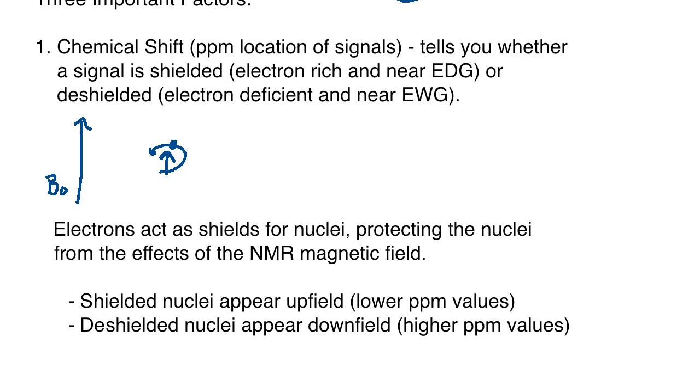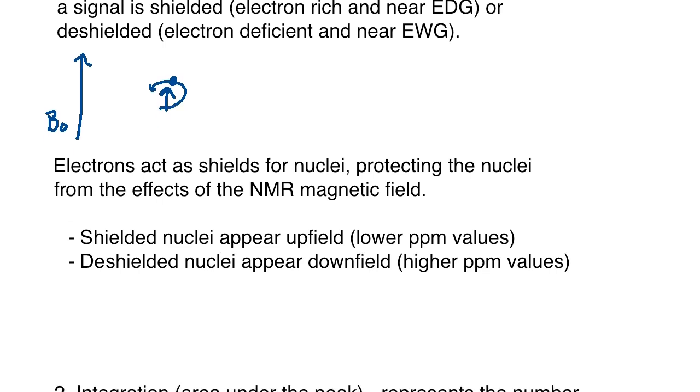All right. So electrons, as we just mentioned, act as shields for nuclei, protecting them from the NMR magnetic field. Shielded nuclei will appear upfield is the term that's used. Those are lower ppm values. So let's just use a proton NMR, for example, right? We have 0 and let's say 1 and 2. This is in the ppm scale. And then all the way up here on the higher end, we usually have about 12 ppm for a proton NMR.